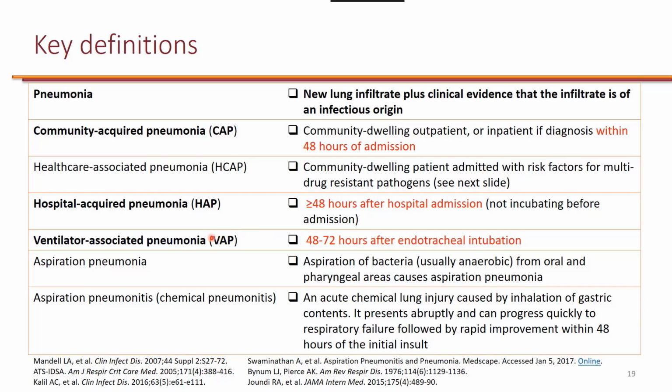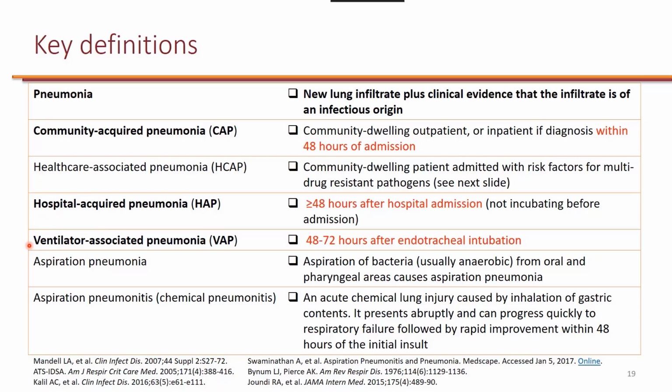So, VAP is a subset of HAP. But when you diagnose a patient with pneumonia due to ventilator, we are not going to call it HAP. We actually call it VAP, even though those patients technically meet the definition of hospital-acquired pneumonia. So these are the three types of pneumonia that we will focus on.